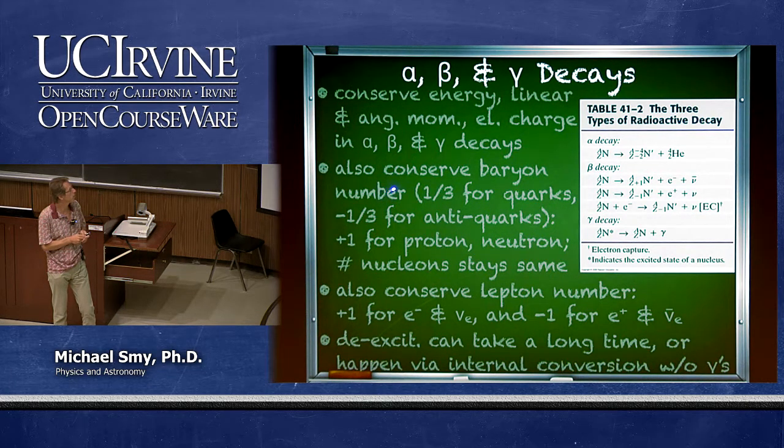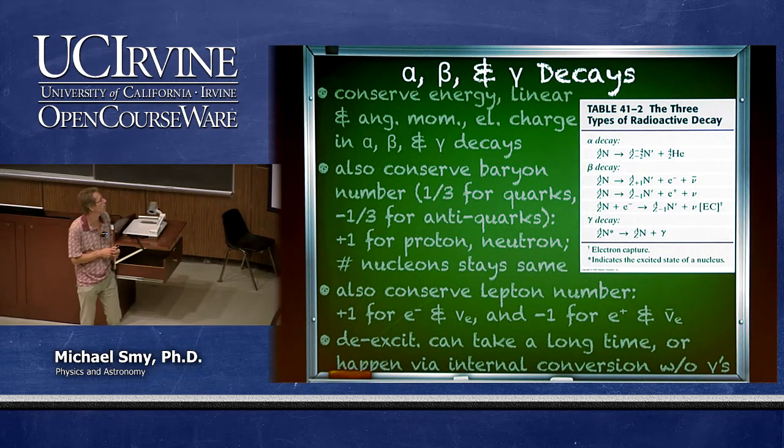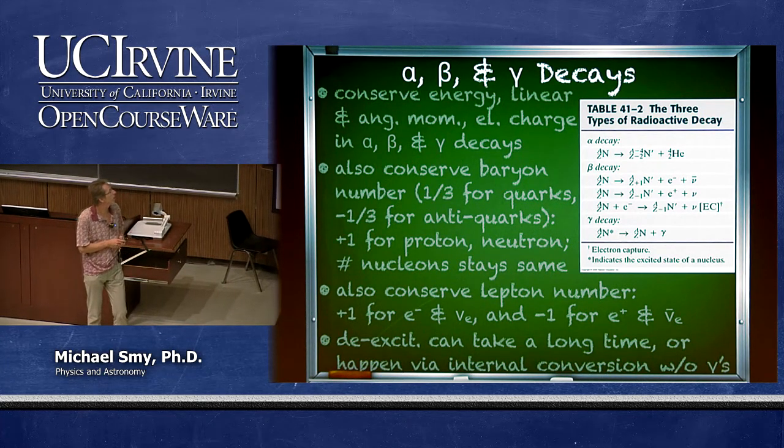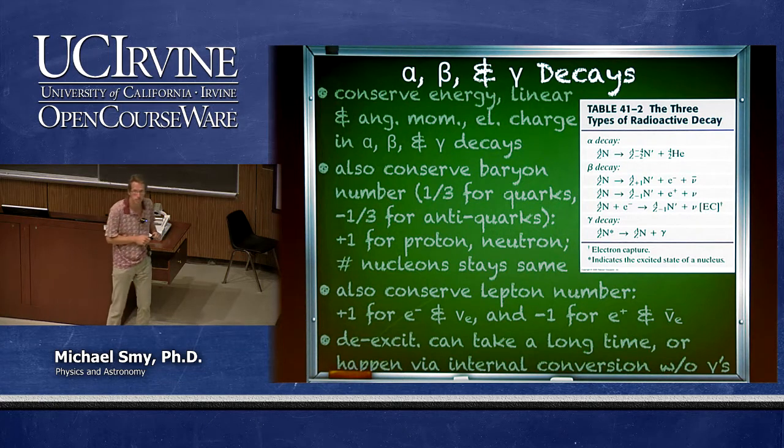For example, we conserve the so-called baryon number. The baryon number of 1/3 is assigned to each quark and -1/3 to each antiquark. And that means since a neutron or proton consists of 3 quarks, there's a baryon number of +1 for either proton or neutron.